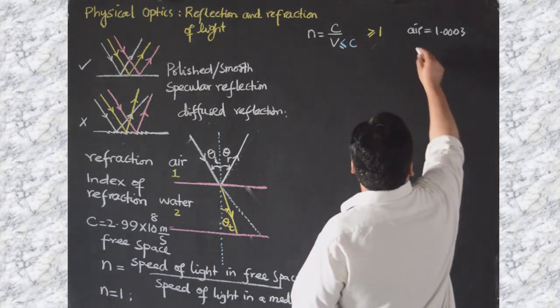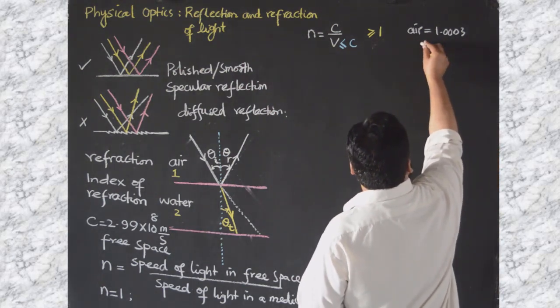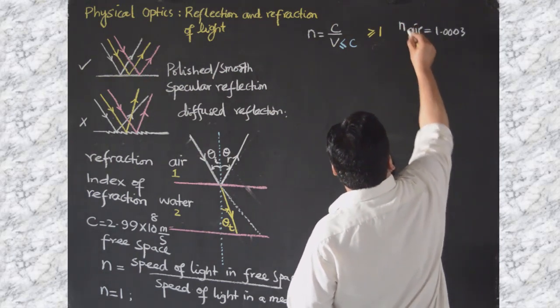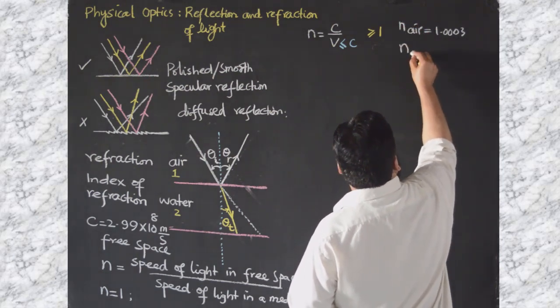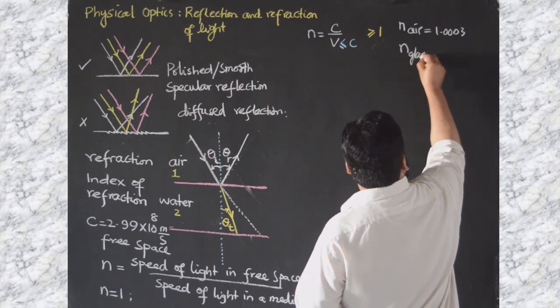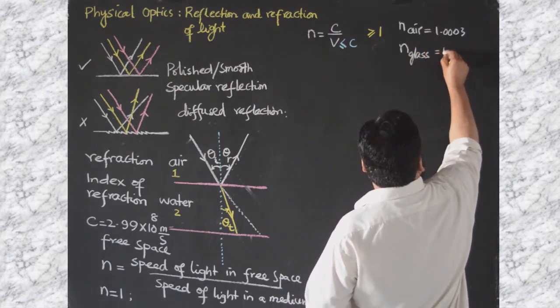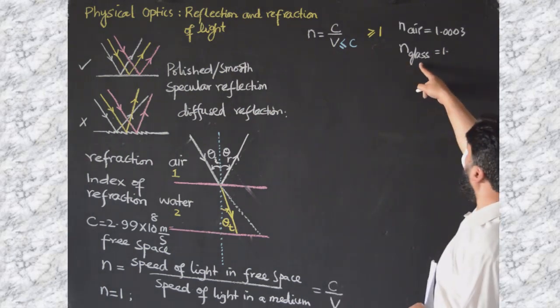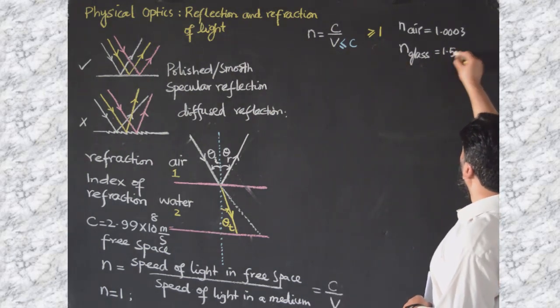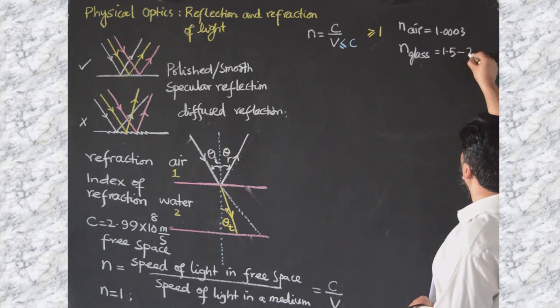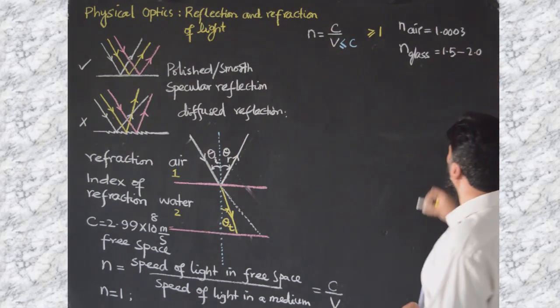The n for glass is approximately, we have a variety of glasses, so it starts from 1.5 and ranges to 2.